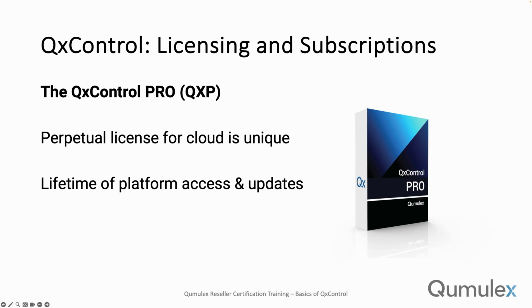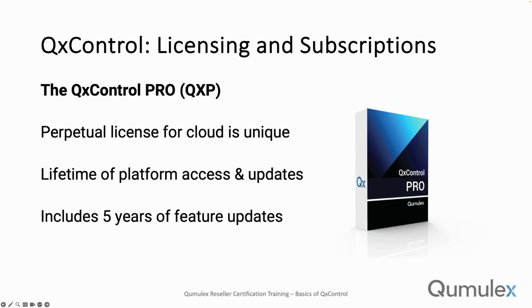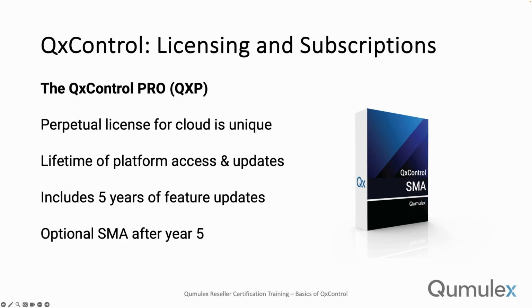With this license, you have a lifetime of platform access, including all of the software updates that keep everything running smoothly and securely. And it also includes the first 5 years of feature updates. So very similar to a VMS in this model, there's an optional service maintenance agreement that you can purchase per license after year 5.